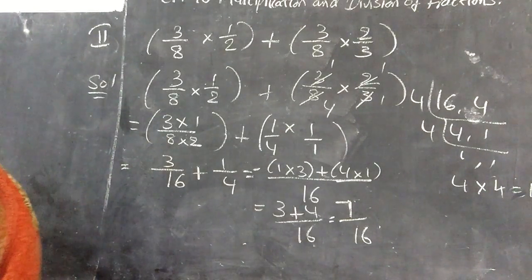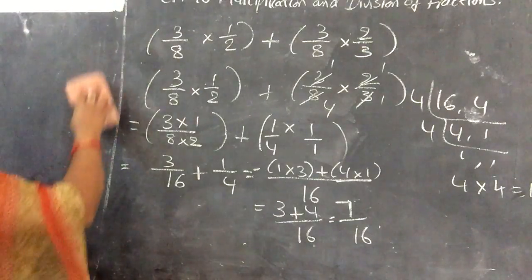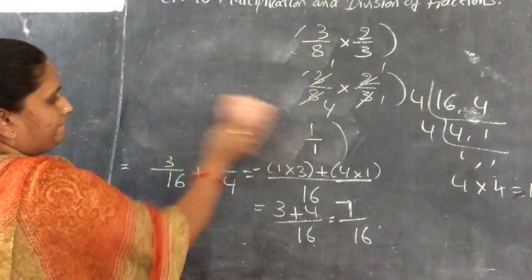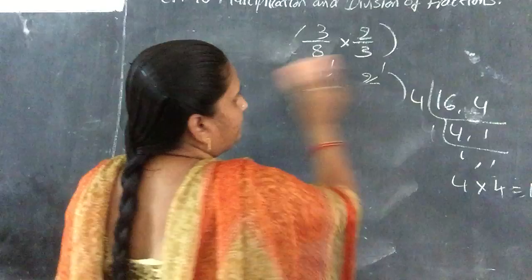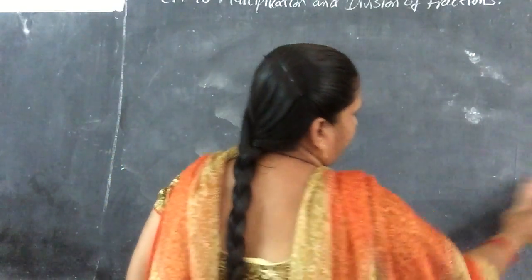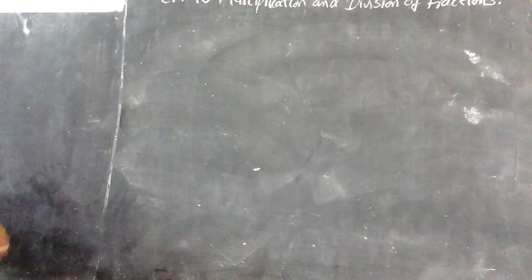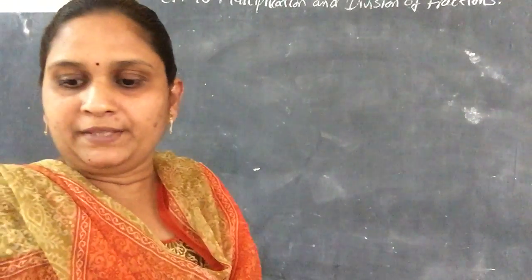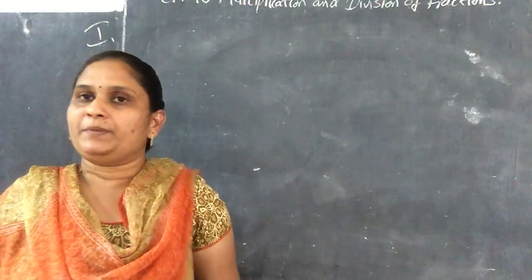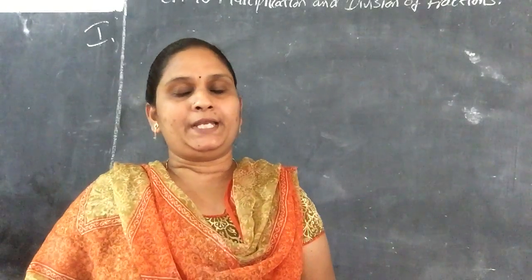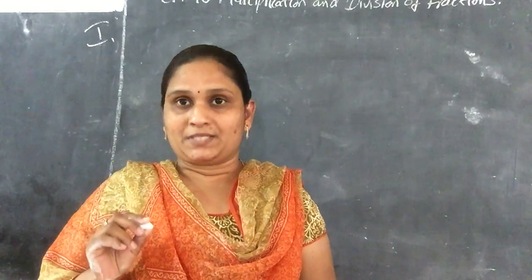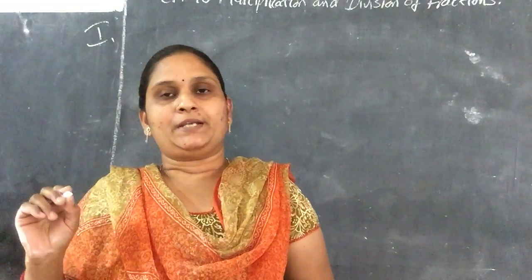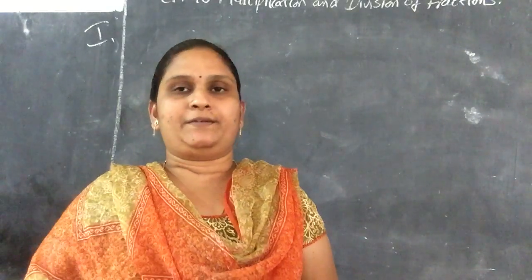Next, open now textbook page number 93. Page number 93, section 1. Find the product of. So here one thing you have to remember, children: any fraction or any number which is multiplied with 0, the product will be 0 itself.